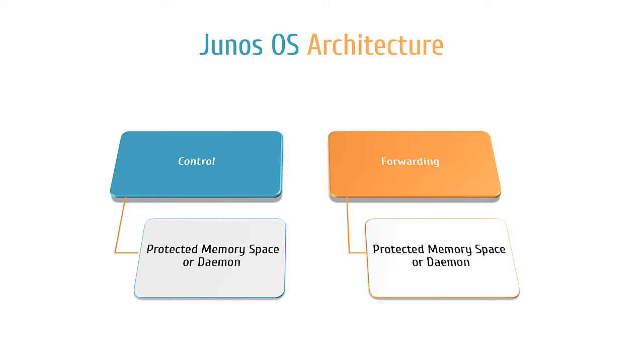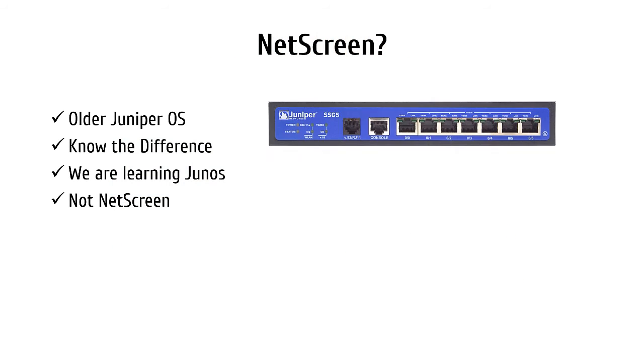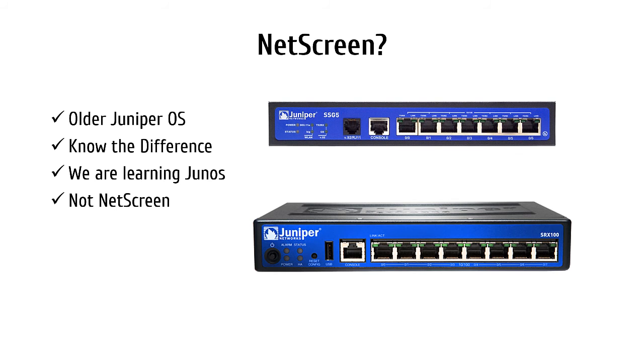Now, when you begin working with Juniper equipment, you will inevitably come across a Juniper device labeled with the NetScreen insignia. You will mainly see this on some of Juniper's older firewalls. NetScreen or ScreenOS is another Juniper operating system that is different from the Junos OS.